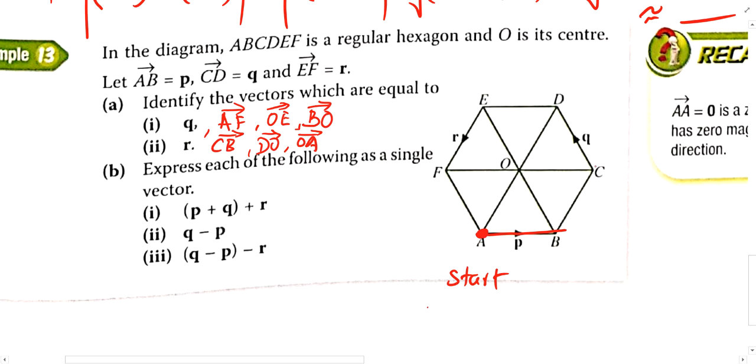So I need an equivalent vector of Q. BO. I want it to start from B, then to O, because this is also Q, right? We identified that they are the same. Okay, so now my path is continuous. A to B, B to O, and I still need to plus R. So plus OA. So I ended here.